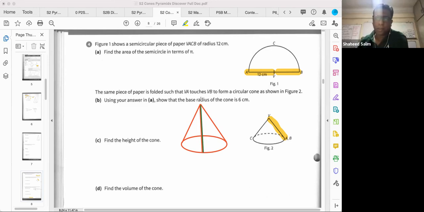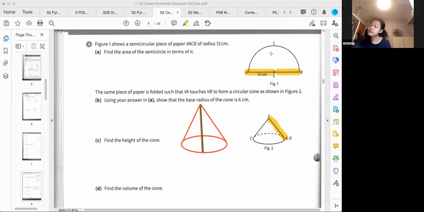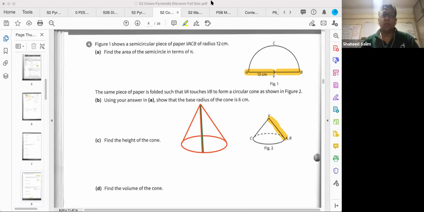Okay, my suggestion is when you use the area of the semicircle, don't change the pi. So if you want to get a more accurate answer, for example, just now you got pi r squared divided by 2, right? So r down here is 12, right? 12 times 12, 144.